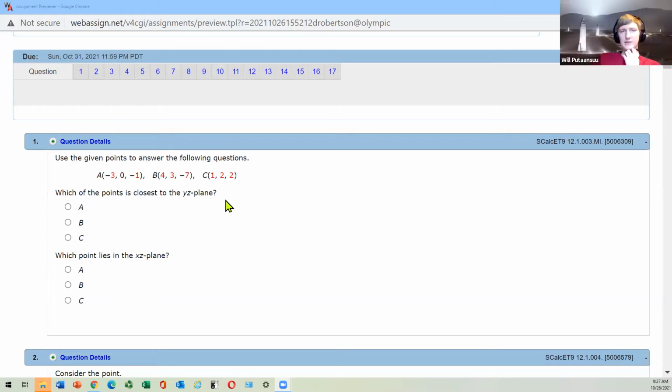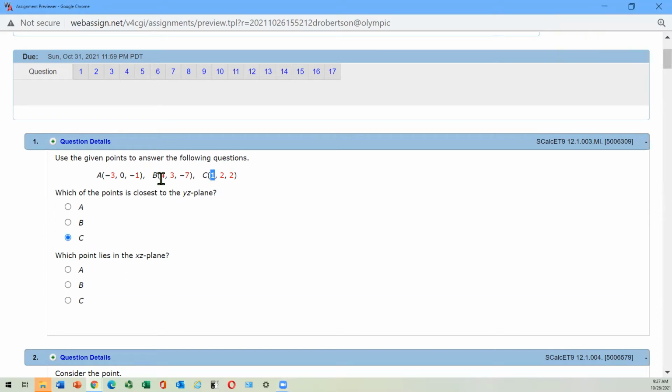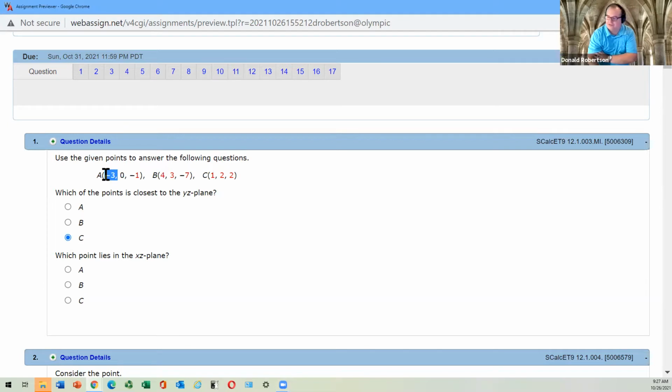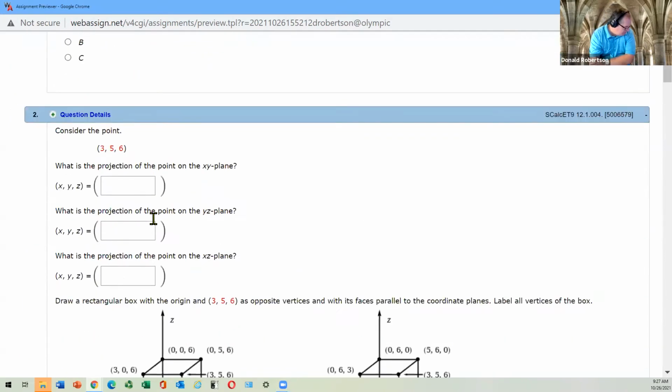It'd be C. And the reason for that is that it is only 1 unit away. And this guy is 4 units away, and isn't this guy 3 units away? Remember, we did that at the start. So that's how they would ask a question that would involve us using one of those things that we wrote down there, right?